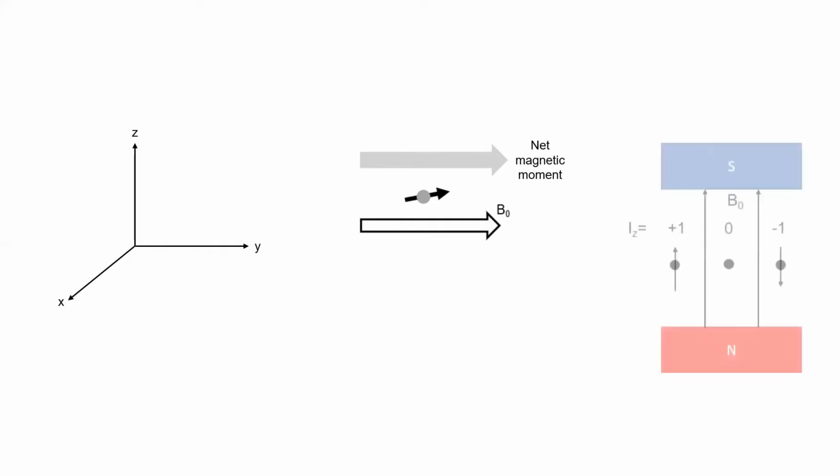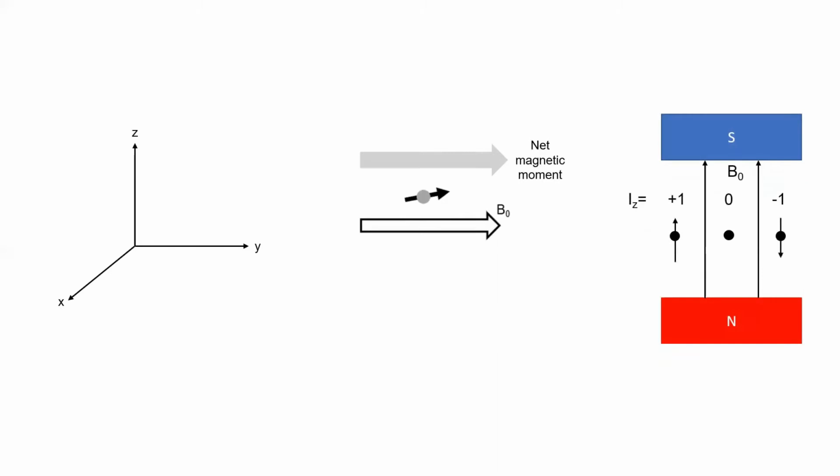Remember that the main B naught is supplied by a powerful superconducting magnet. Hence, there is no way that this can be switched off, and at the same instant, we get a magnetic field perpendicular to the initial one. We will need to find another approach, and it turns out the key is to use the idea of resonance.